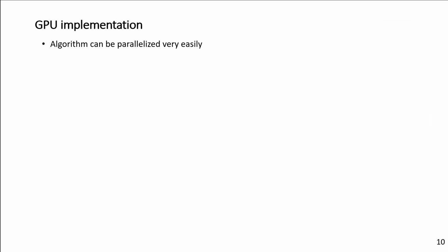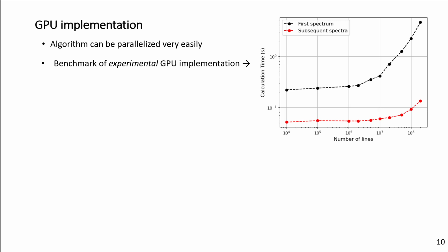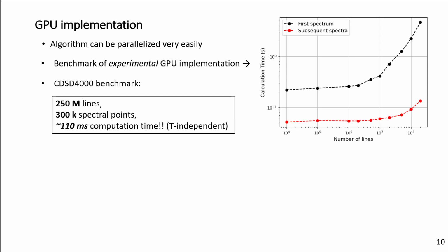Because only data of the line that is currently processed is needed, this step can be very easily parallelized. We used an experimental GPU implementation of our method to synthesize a CO2 absorption spectrum with the CDSD 4000 database, selecting up to 250 million lines.